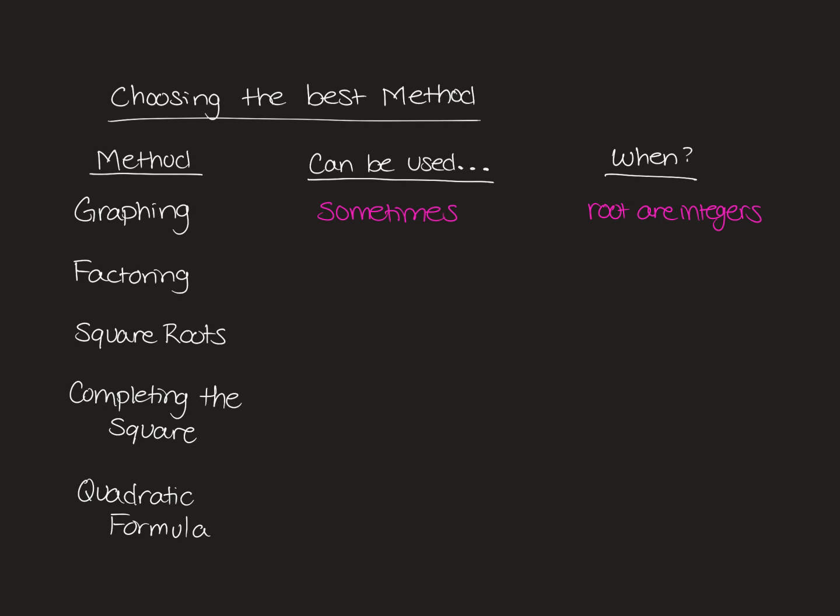Okay, not very practical. Factoring can be used sometimes when your roots are rational. This means that you either have whole numbers or fractions. Okay, there are no radicals in your answer.